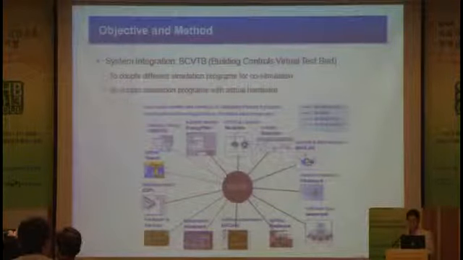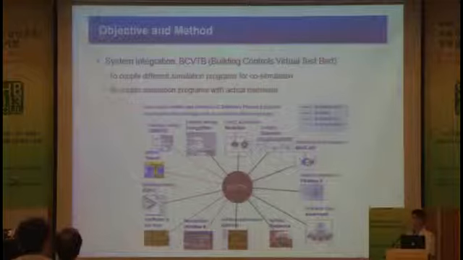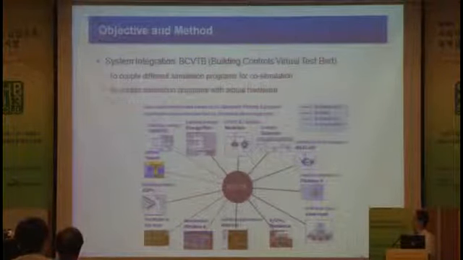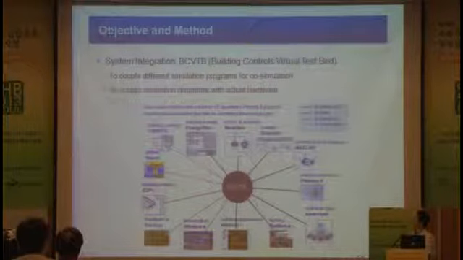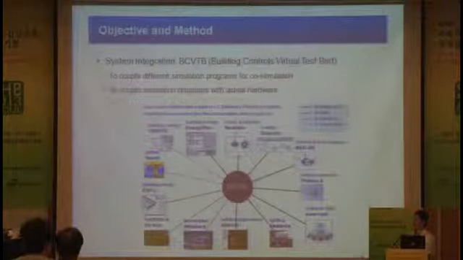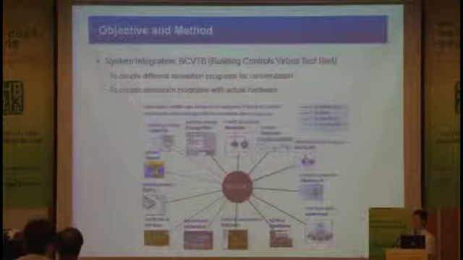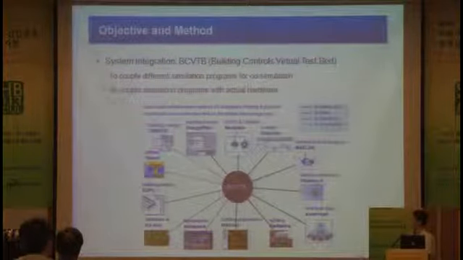To accomplish this system, we have to integrate a couple of hardware and software. We use BCVTB, which is the Building Controls Virtual Test Bed. This middleware was developed by LBNL.